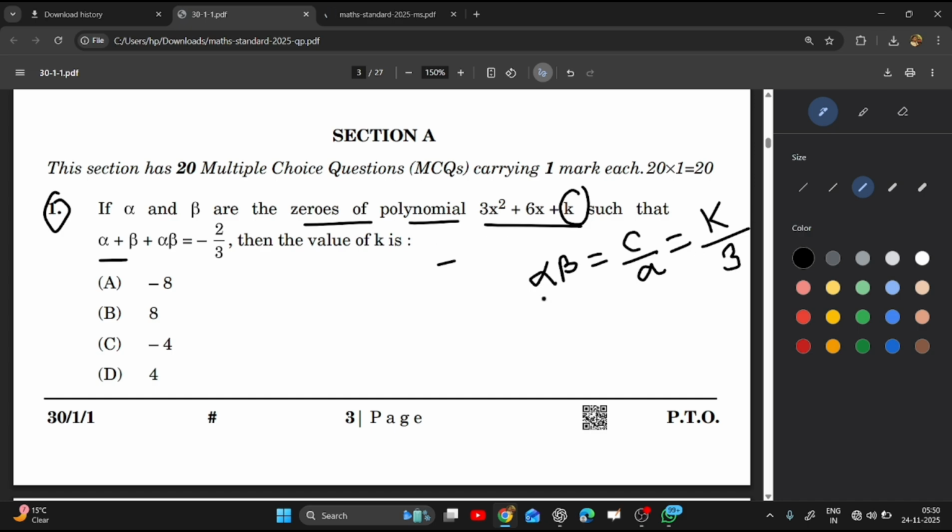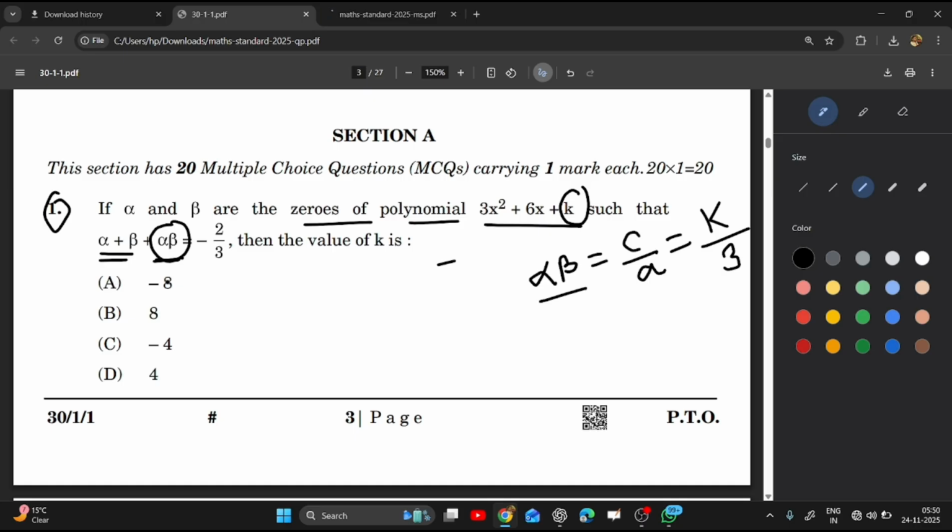So if I know this alpha beta, then we can find the value of k. So here we have alpha beta. To find this alpha beta, we need alpha plus beta.